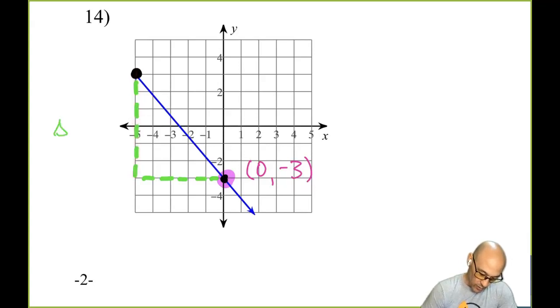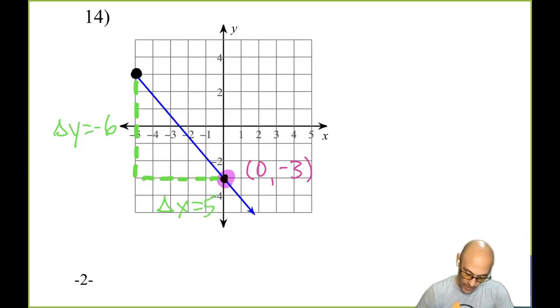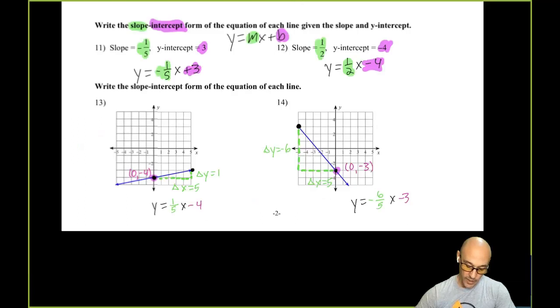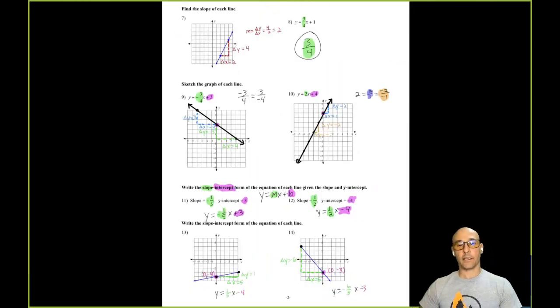So that means my delta y equals -6. And to the right, 1, 2, 3, 4, 5. Did I say y? That should be my delta x. Sorry, delta x equals 5. So my equation is y = -6/5 x - 3.